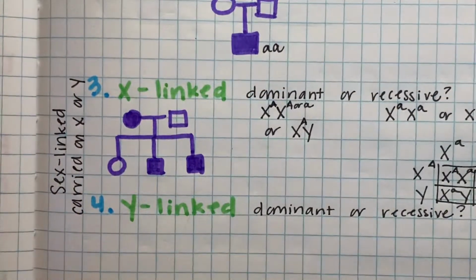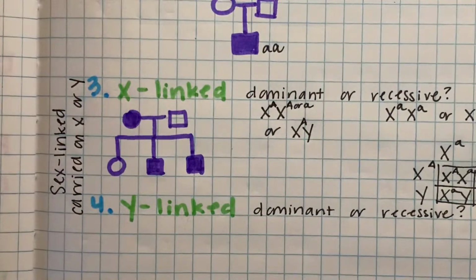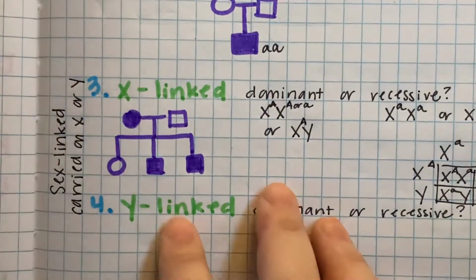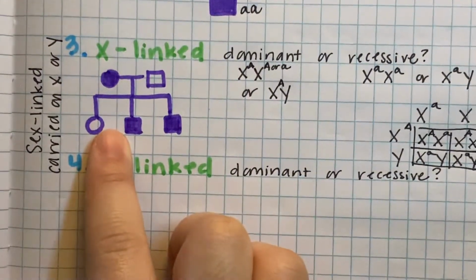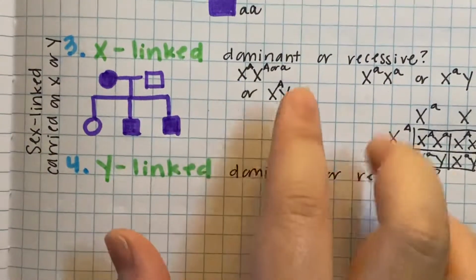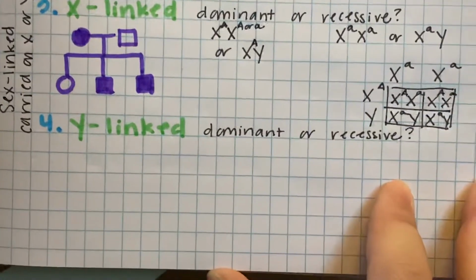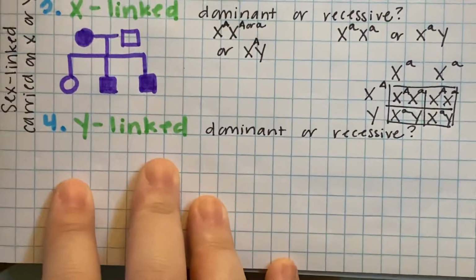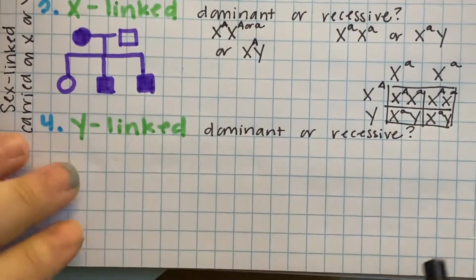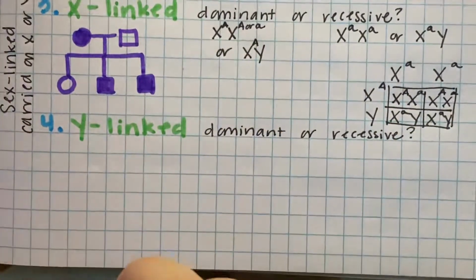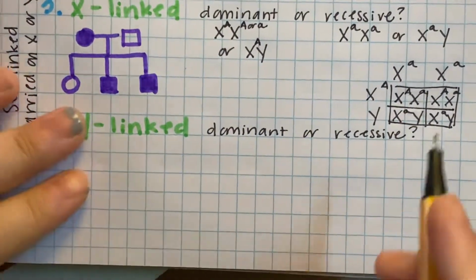So if you see this pattern where there's a mother shaded, all the boys are shaded and the females are not, the daughters are not, then that might be showing an X-linked. So this one you kind of have to write out your genotypes and see, like, could this be representing X-linked?